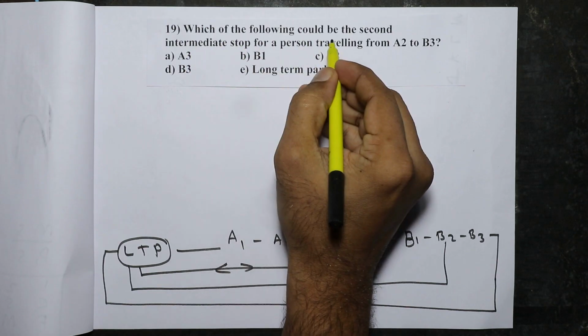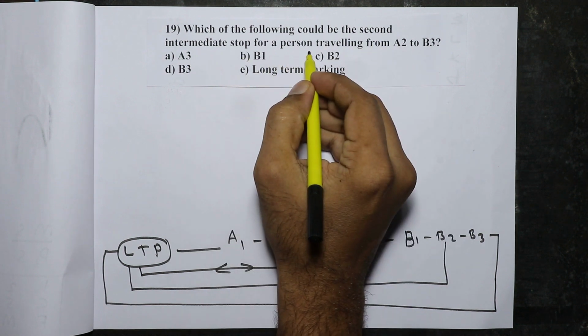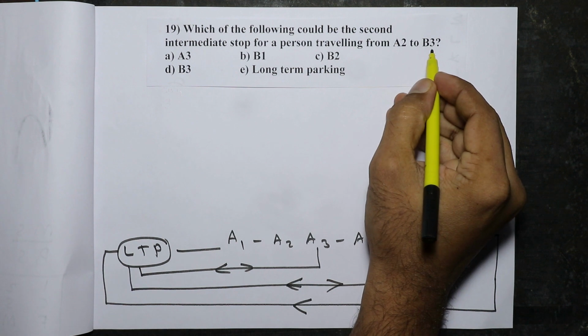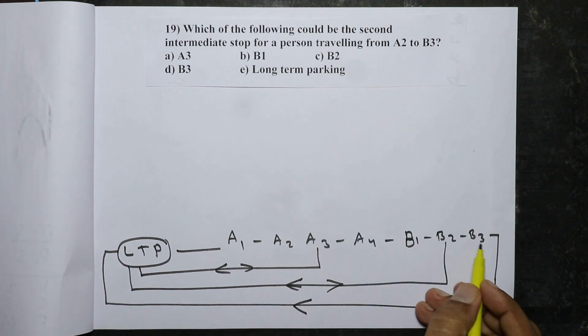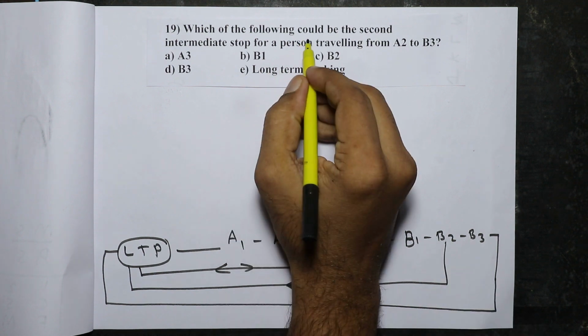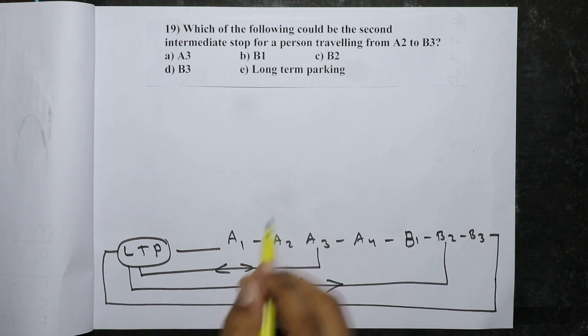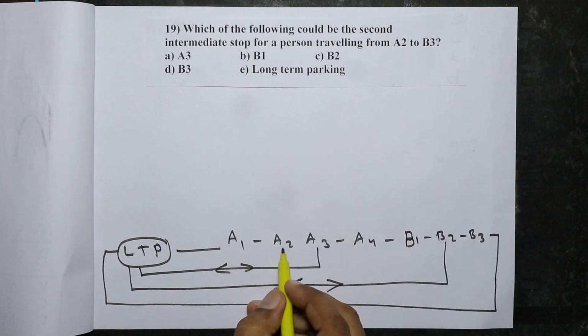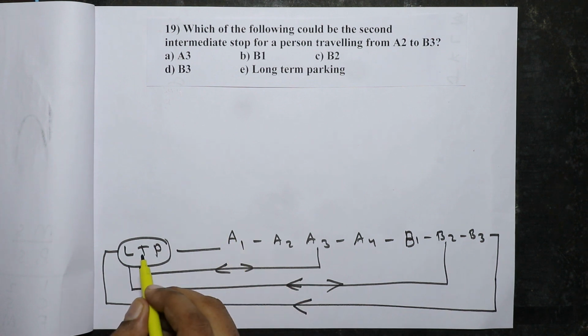Which of the following could be the second intermediate stop for a person traveling from A2 to B3? Presently he is at A2 and needs to travel up to B3. One way is, first he can go to A1, the first intermediate stop. Then long-term parking will be the second intermediate stop.